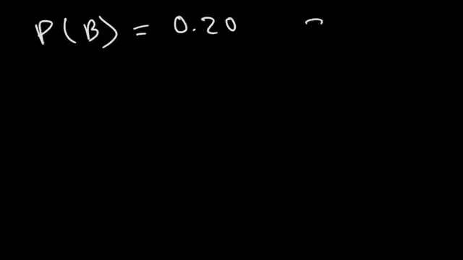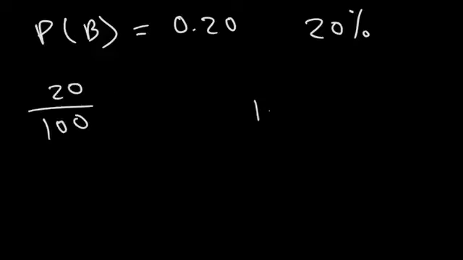So that means that there's a 20% chance of selecting a person driving a blue car. So if you were to randomly select 100 people, 20 people would drive a blue car. If you randomly select 1,000 people, approximately 200 will be driving a blue car. And so that's what probability tells you.